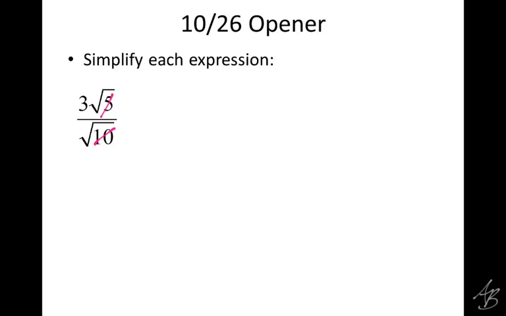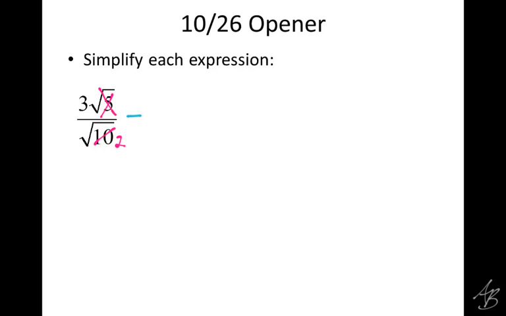So if we divide by 5, what do we get on top? We get 1, but do we need that 1? No. Anytime we get a 1, we can get rid of it unless it's the only thing left on top of the fraction. If it's the only thing left on top of the fraction, we got to have something there. So we put the 1 there. What about the bottom? 10 divided by 5 is 2.